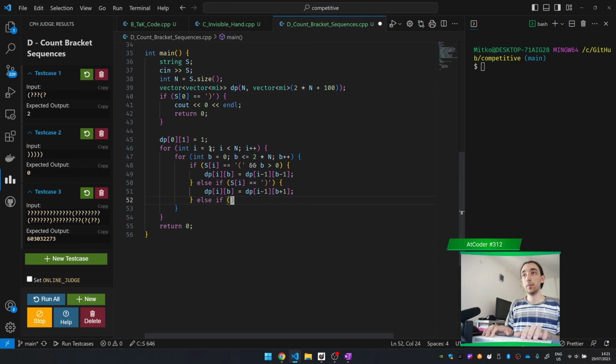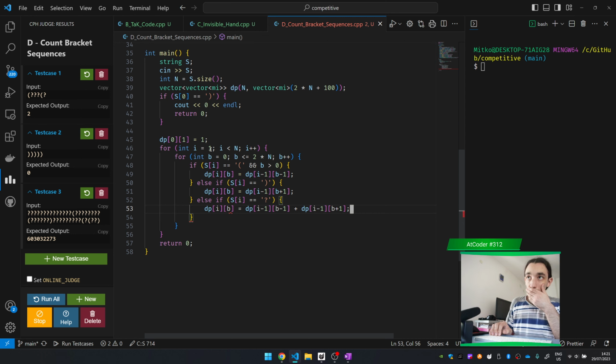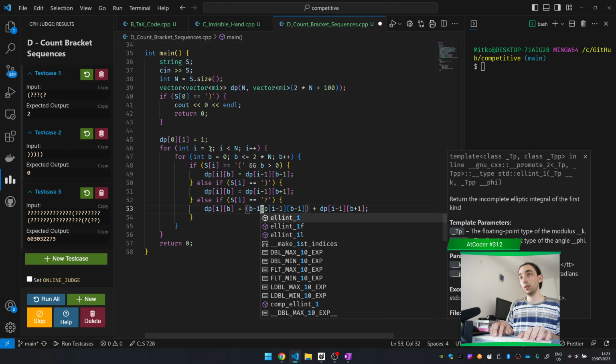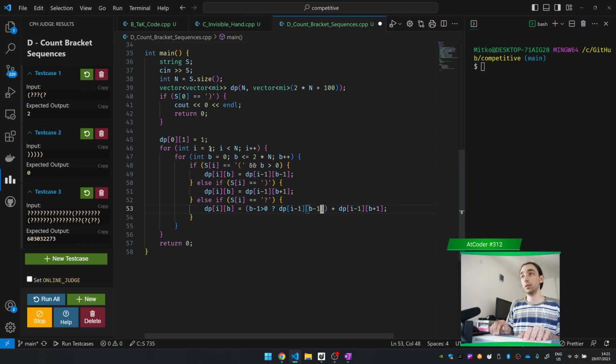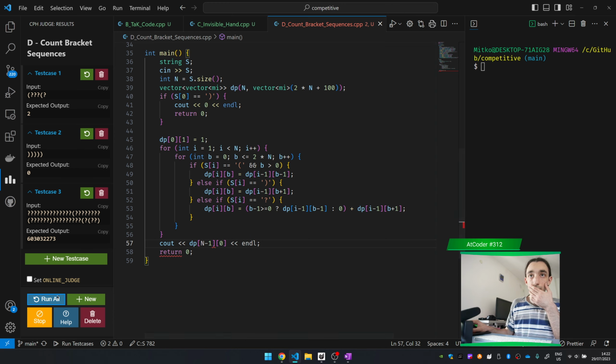Else if s of i is a question mark, then we want to get from dp i minus 1 b minus 1 and dp of i minus 1 b plus 1. This here is only possible if b minus 1 is bigger or equal to 0, or otherwise it's 0, and then the answer is dp of n minus 1 0. This is our answer.